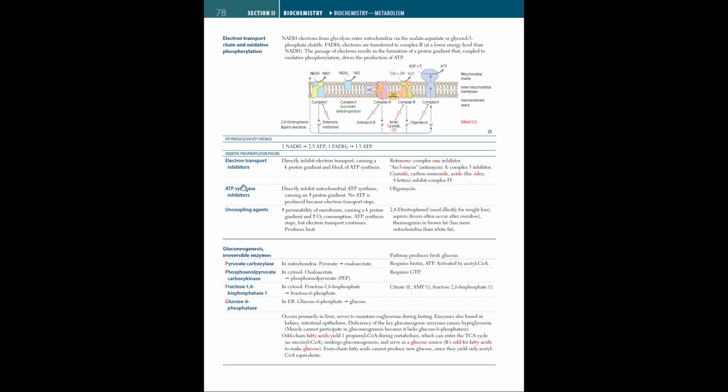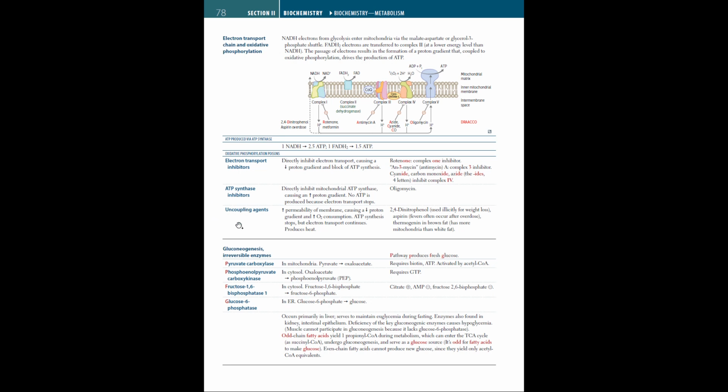Then we have ATP synthase inhibitors, which directly inhibit mitochondrial ATP synthase, causing an increased proton gradient, but no ATP is produced because electron transport stops. Oligomycin is the poison that inhibits ATP synthase.